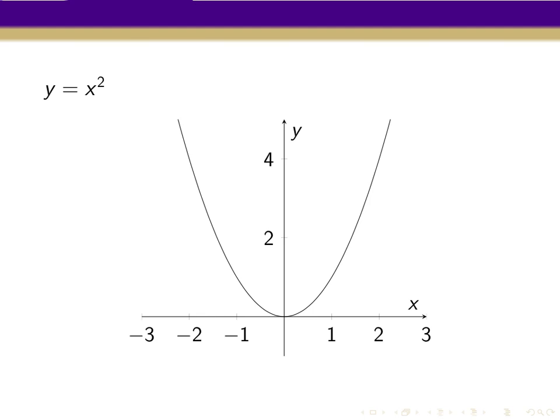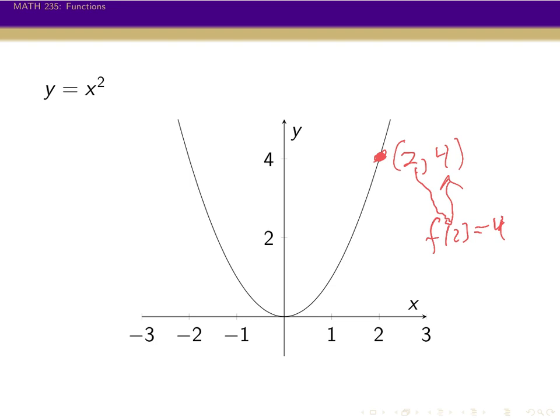So if we look at y equals x squared, if I take some x value to be 1, actually let's take x value to be 2. We look at this point on this graph, we see that this is equal to (2, 4). And so that's telling us that f of 2 is equal to 4. So if we plug 2 into our function, we're going to get 4 out of it.